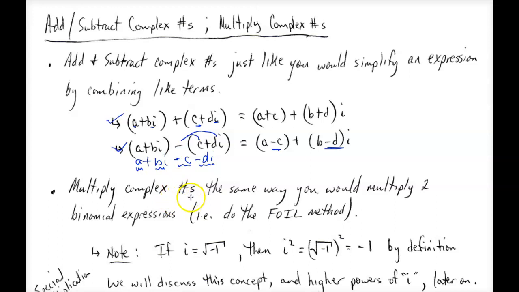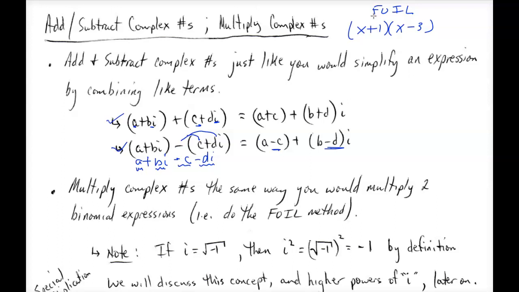Whenever we multiply complex numbers, we multiply them the exact same way as if we were to multiply a regular binomial. So for instance, if I had something like x plus 1 times x minus 3, we could use the FOIL method to multiply that, or there are other ways to do it, box method, however you like to multiply two binomials.